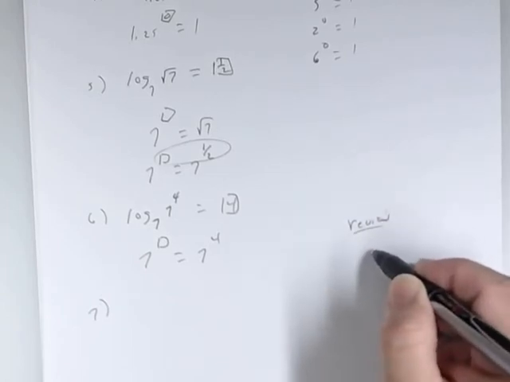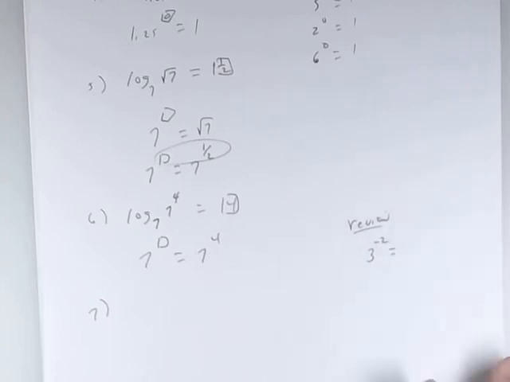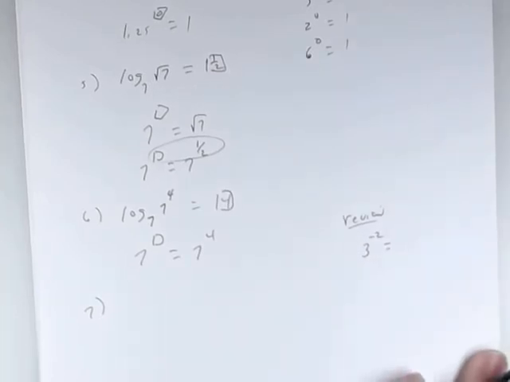So you remember that 3 to the negative second power is equal to what? 1/9. You got it. Remember, you rewrite negative exponents using what kind of exponents? Positive.